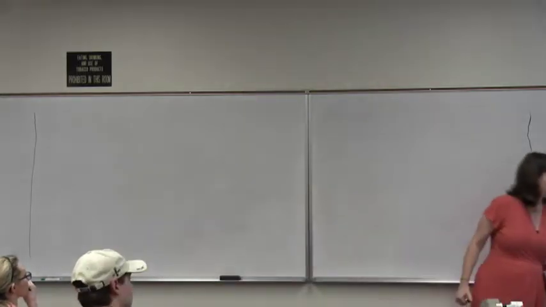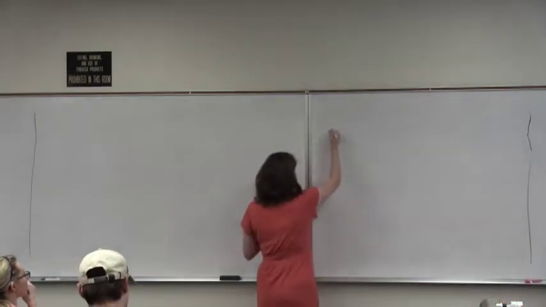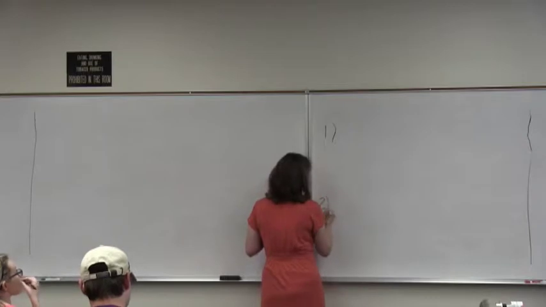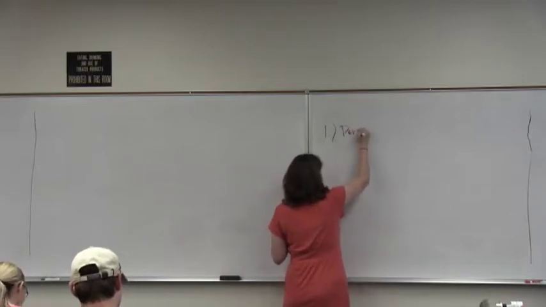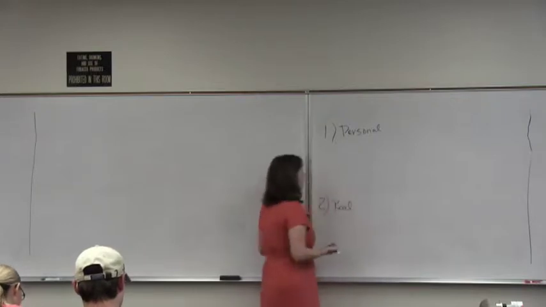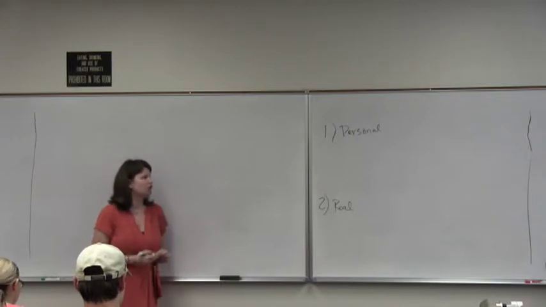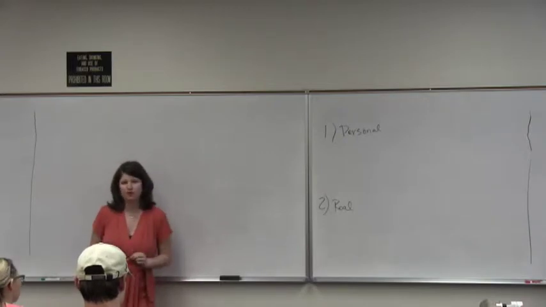So, let's go on to look at slide 5. Depreciation involves 2 types of property: personal property and real property. When we say personal property, we do not mean personal use property.